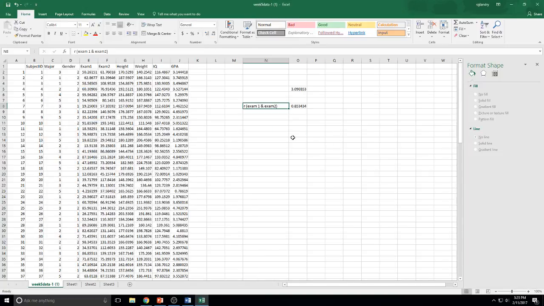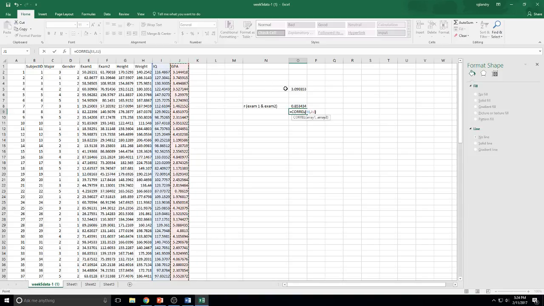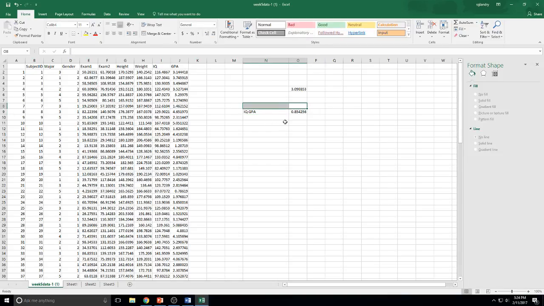Alright, so let's make a bunch of these. So equals Correl between that, comma, and that. Close it. IQ and GPA. Let's do the same thing again.